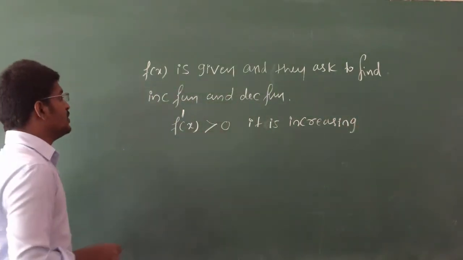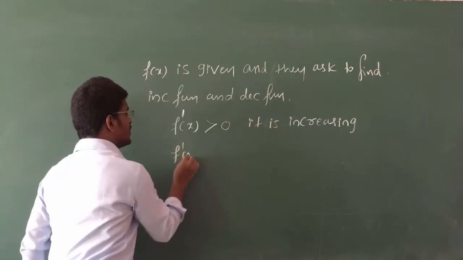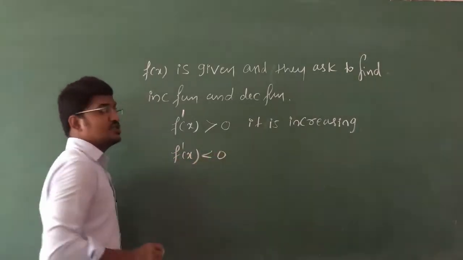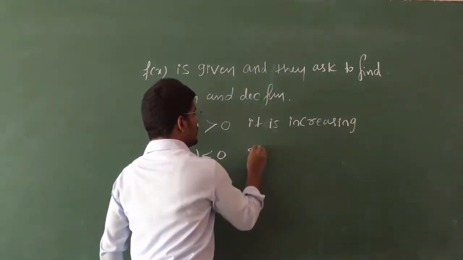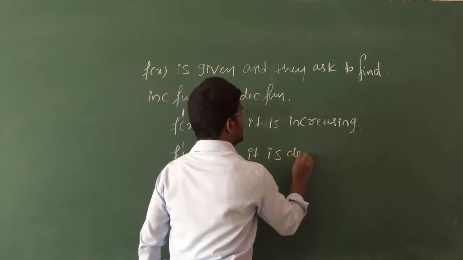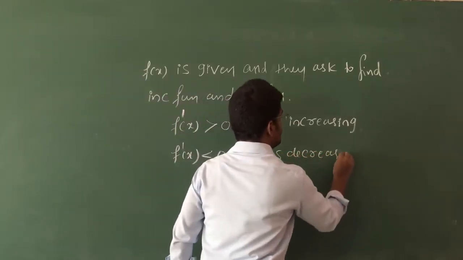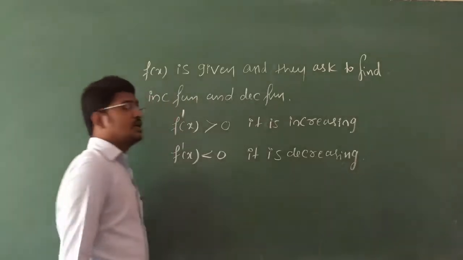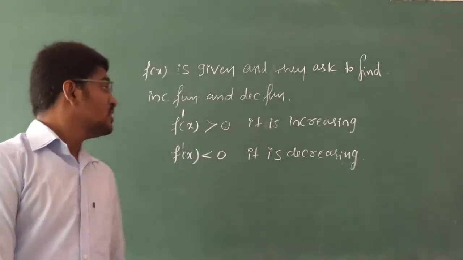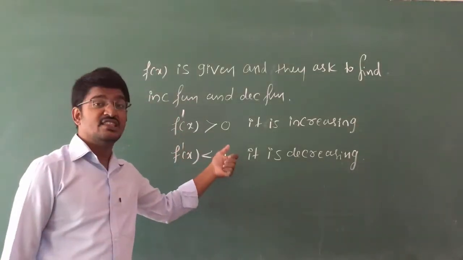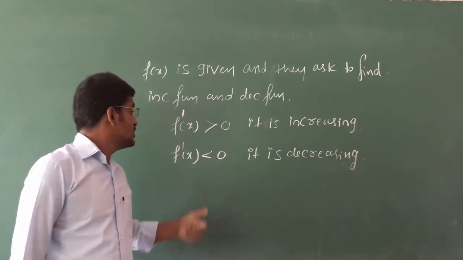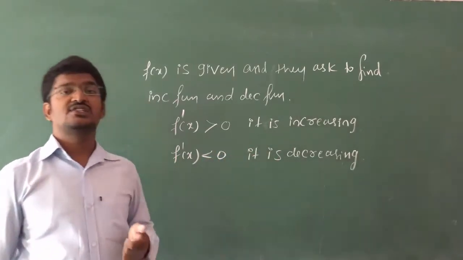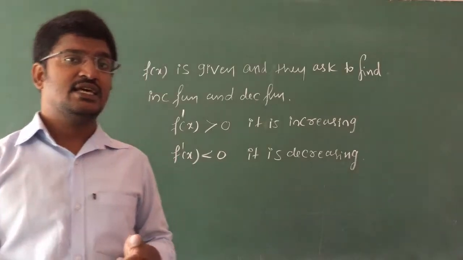Clear? Suppose f dash of x is lesser than 0, it is decreasing. So please remember it. Clear? If f dash of x is greater than 0, it is increasing. If f dash of x is lesser than 0, it is decreasing.